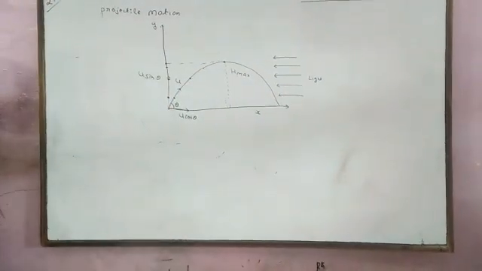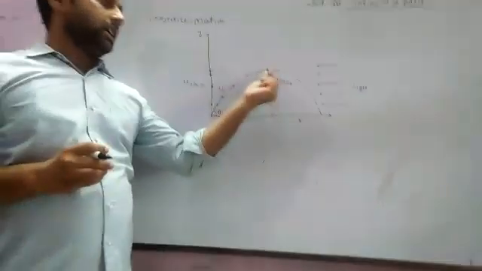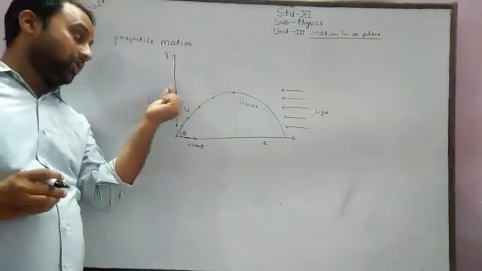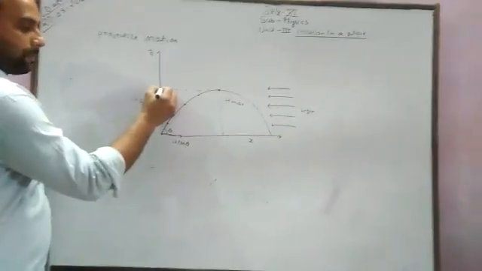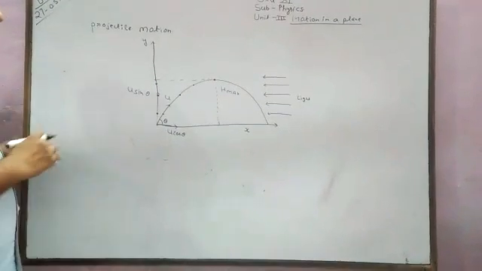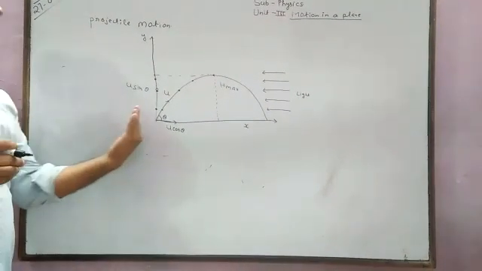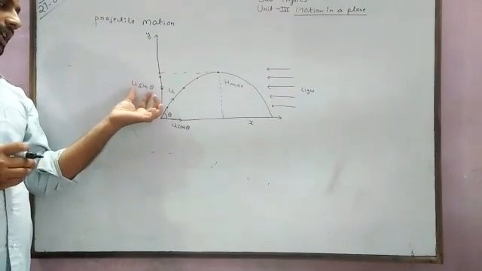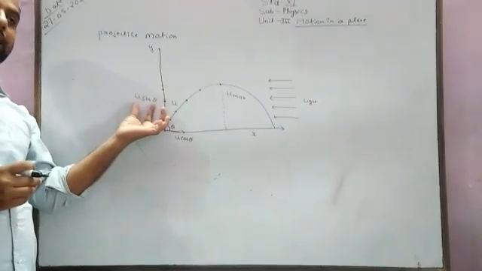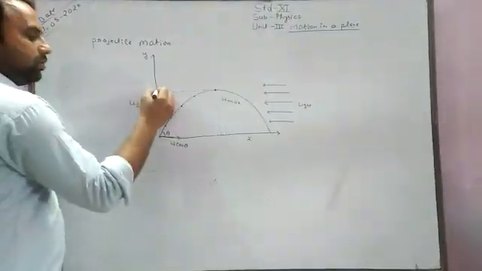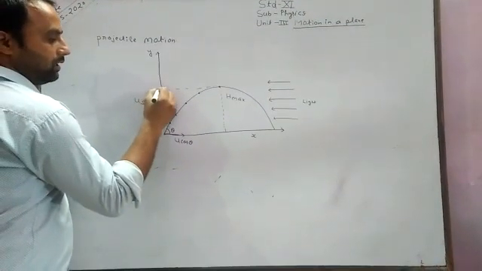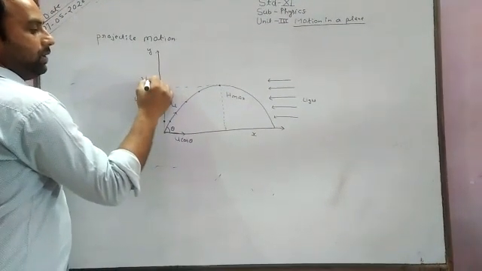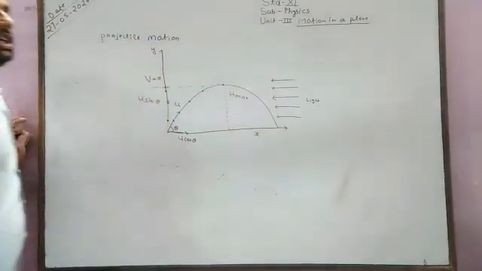This means it is as if a particle is projected vertically upward with initial velocity u sin theta, and when it reaches the maximum height, the final velocity will be 0.